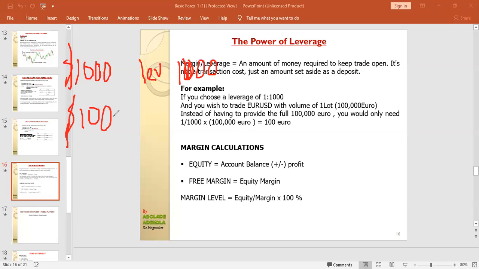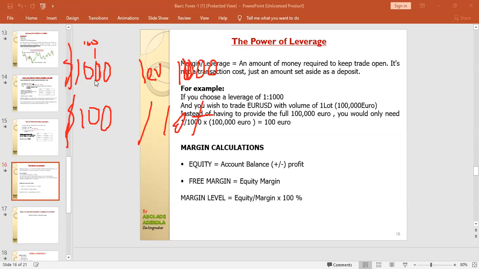And remember, you have $1000 already in your account. So the moment you take one full lot, $100 will be taken away from your capital.